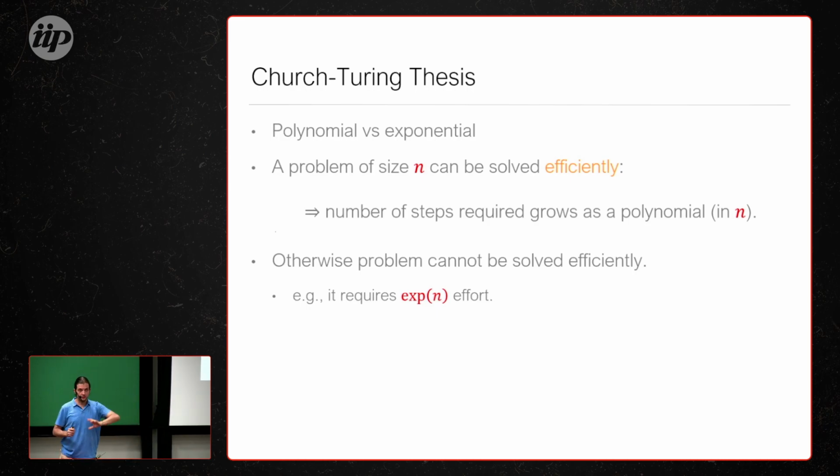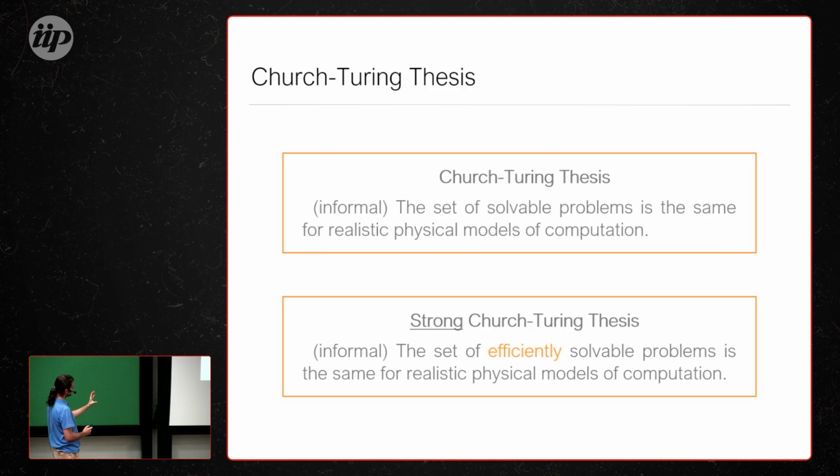Okay? So with this technical definition of the word efficient, we can now restate the strong Church-Turing thesis, which says that the set of efficiently solvable problems is the same for all realistic models of computation. So this is saying that it doesn't matter if you're using billiard balls or crabs or transistors, they're going to be only polynomially related to each other.